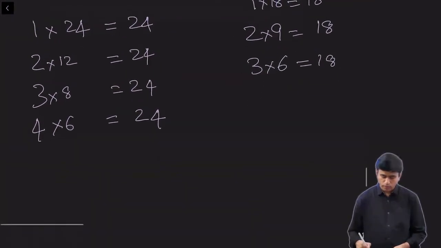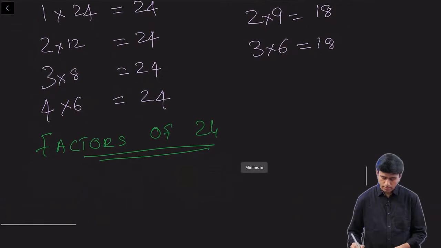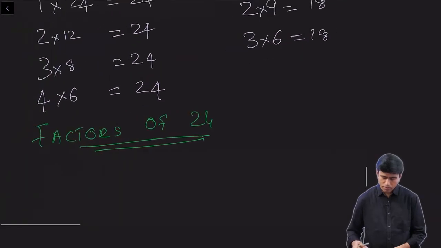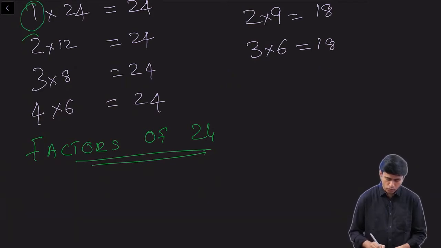So if you look at the above equations, we can say that the factors of 24 are, I'm going to circle the factors so that you will know what are the factors of 24. 1, 2, 3, 4, 6, 8, 12, and 24.